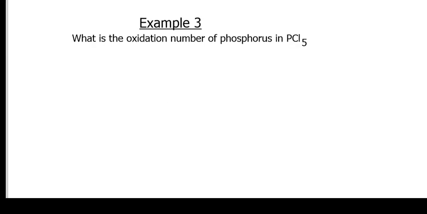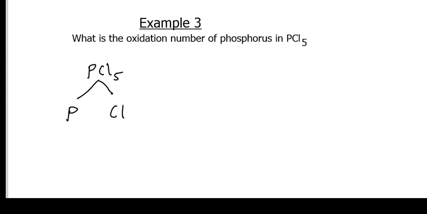What is the oxidation number of phosphorus in PCl5? Alright, so that's phosphorus pentachloride. The first thing is to write out the compound PCl5, then split into the cation and the anion, that's positive and negative. The first element always carries the positive charge, that is P, and then Cl.